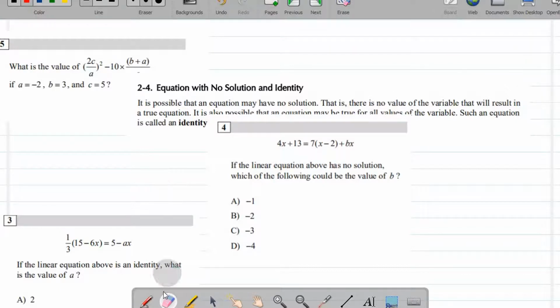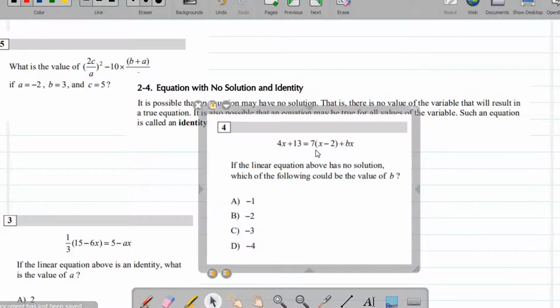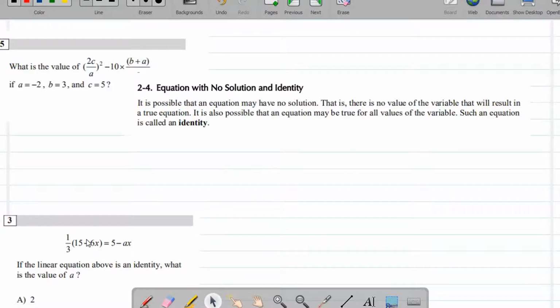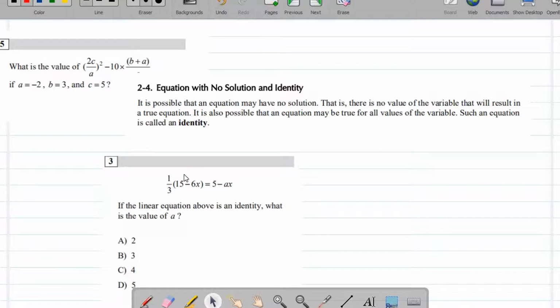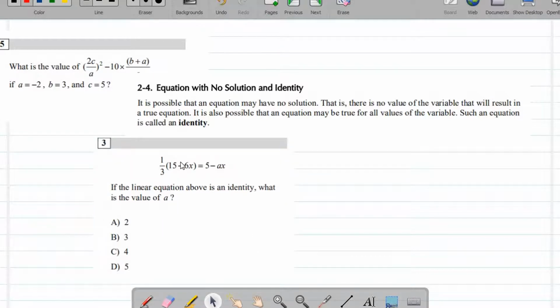Now, when the equation is an identity, such as this, we say that the slopes are the same and the intercepts are also the same. They will be equivalent when it's an identity.